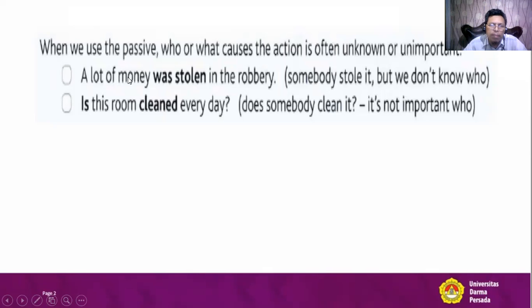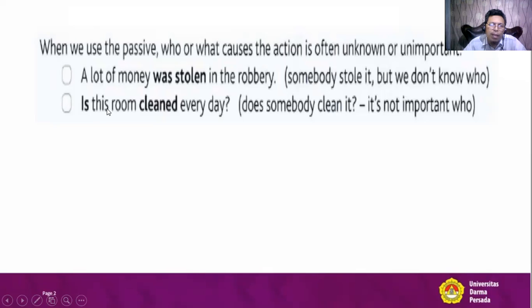Let's see, a lot of money was stolen in the robbery. Again, we have the combination of was and stolen. So that is the indicator that the sentence uses the passive verb. What does it mean? A lot of money was stolen in the robbery. That means somebody stole it, but we don't know who.